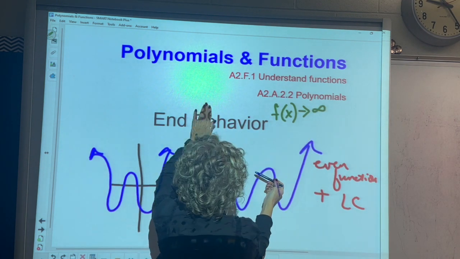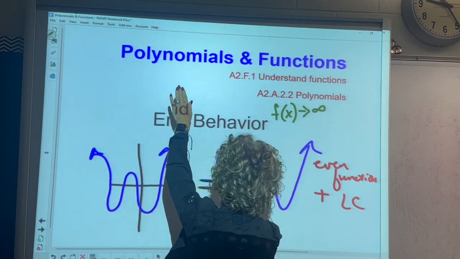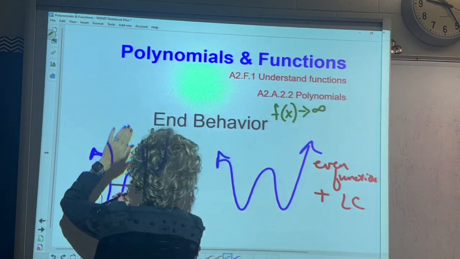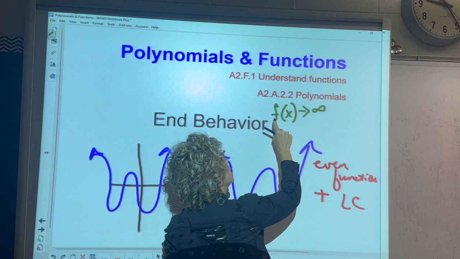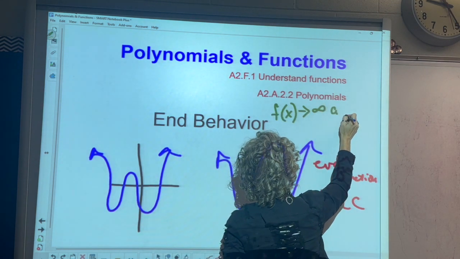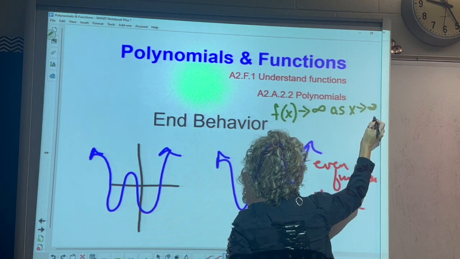Now, in order to continue up, my input must continue left. So my input is going left, which is a negative direction, and my output is going in a positive direction. So from the left, my output is going positive as my input is going to negative infinity.